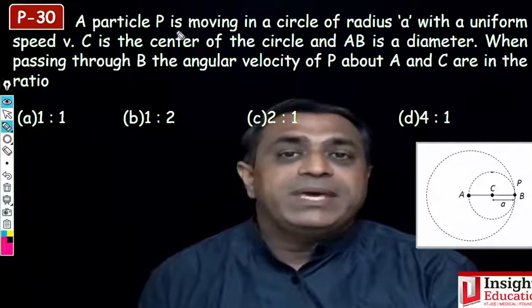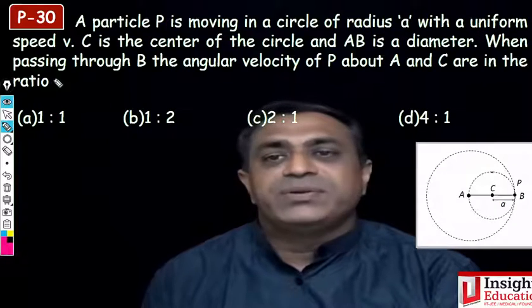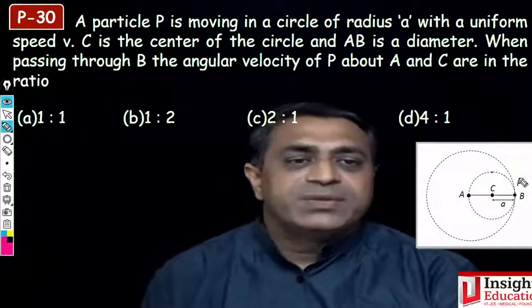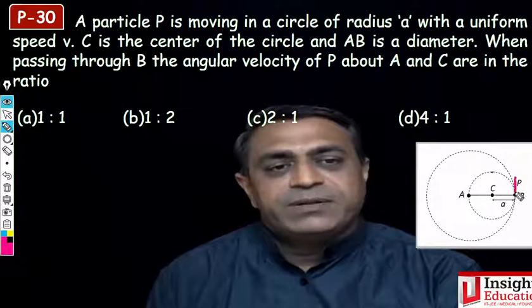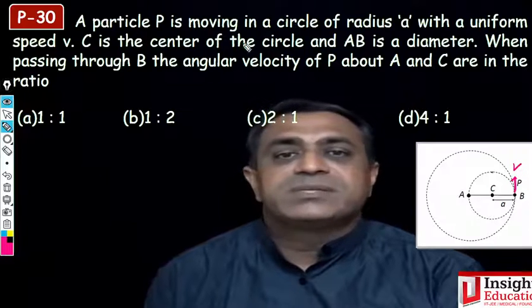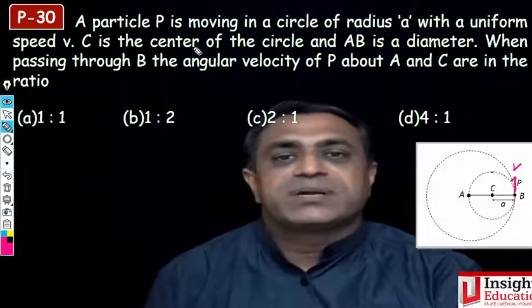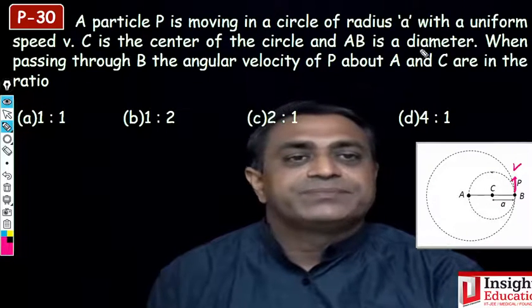A particle P is moving in a circle of radius A with uniform speed V. So the speed of the particle is V, and I can mark the velocity V here. C is the center of the circle and AB is the diameter.